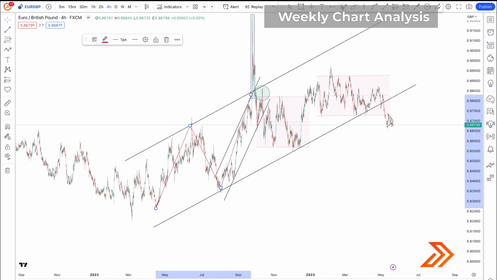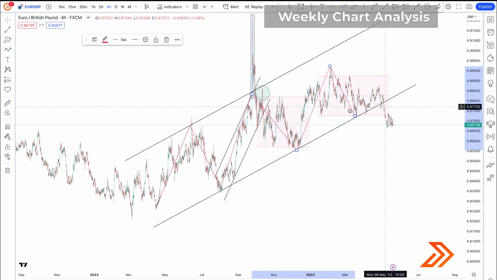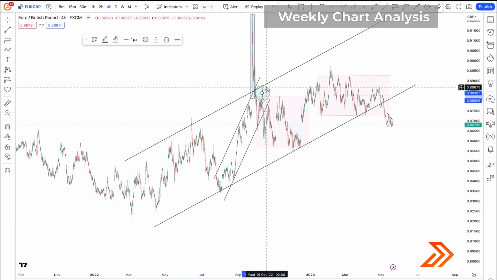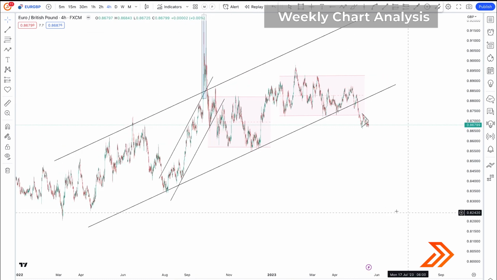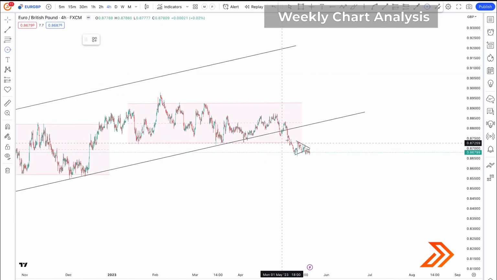tested this low, and then went back up to this zone, and then if you notice, we had a breakout around that zone that I constructed there. And then we had this sort of breakout around this zone for this trend line.